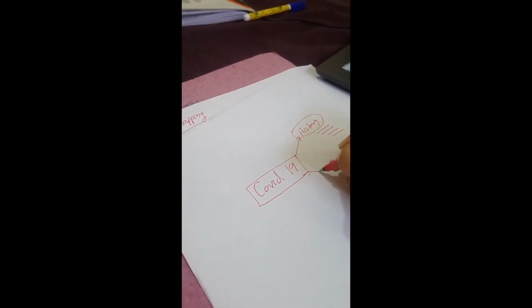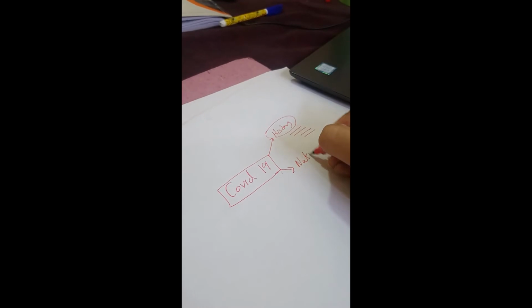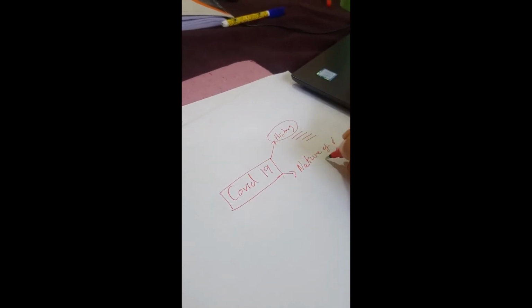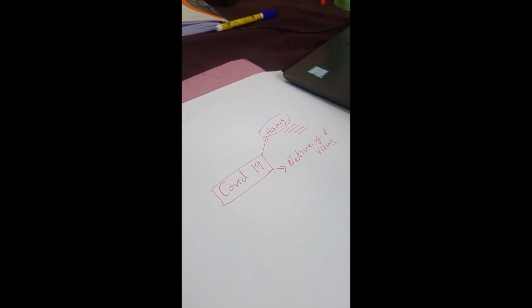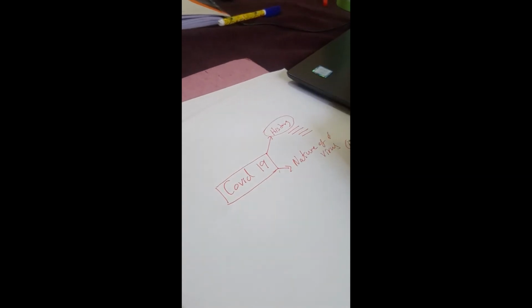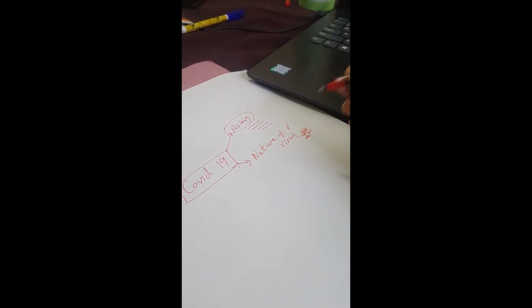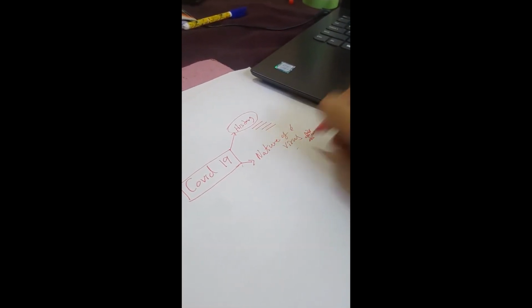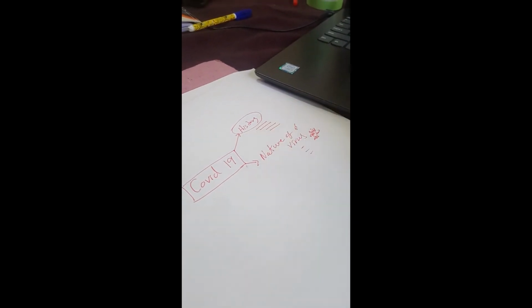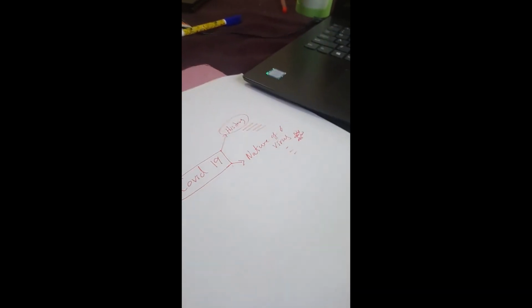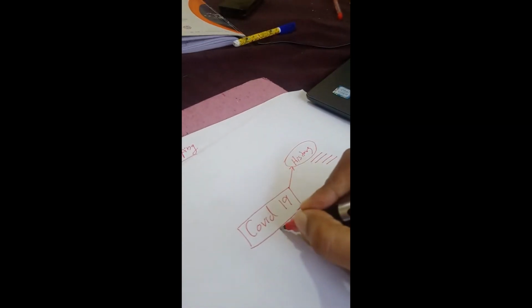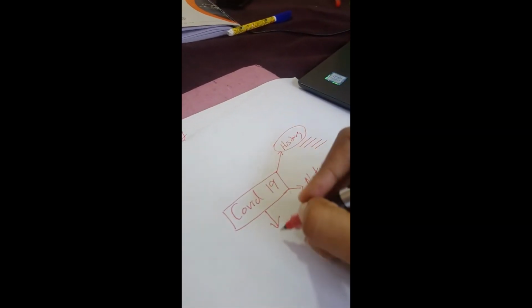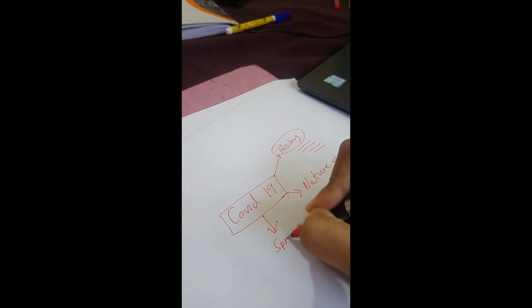And I might get information about the nature of the virus, the nature of the coronavirus, like how does it look, pardon my drawing skills, and what constitutes its physical formation, etc. Or I might also want to know about its spreading.